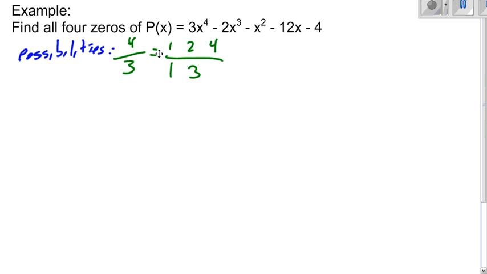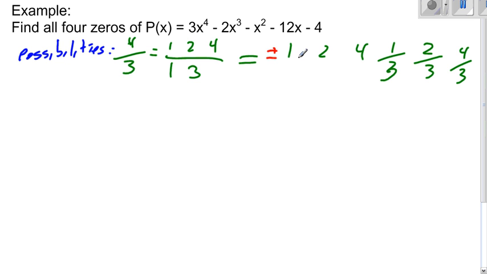So we could have 1, 2, and 4 over 1, and we can have 1, 2, and 4 over 3, none of which would reduce. And all of these could be positive or negative. So that's 6 possibilities.